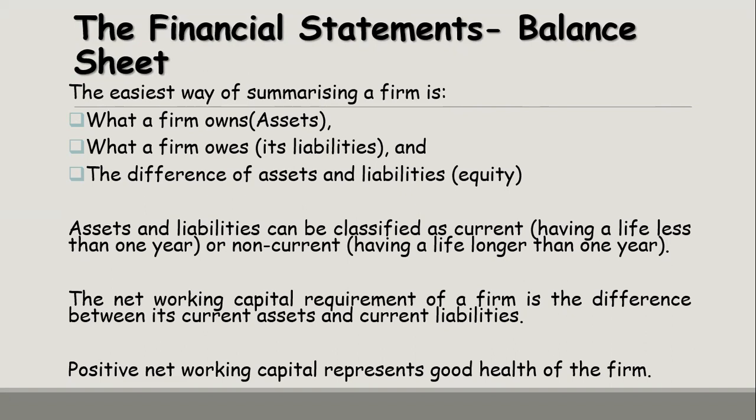Normally, this requirement comes to meet the production need, and on the other side, to meet the running finance need, that is also called day-to-day expenditure. Positive net working capital represents good health of the firm. If it's negative, you will have to meet that requirement.